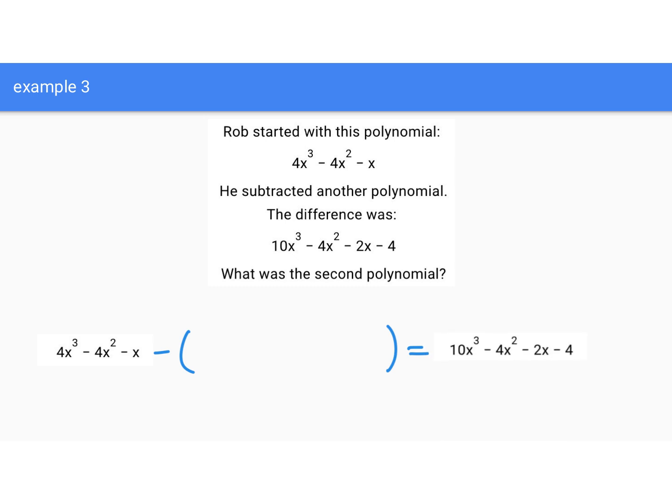I begin with my highest term, 4x cubed, and ended with 10. But remember we're subtracting. So I'm thinking, 4 minus what value gives me 10? Hopefully you realize that would be negative 6, because 4 minus negative 6 is positive 10. So I know that I need a negative 6x to the third.